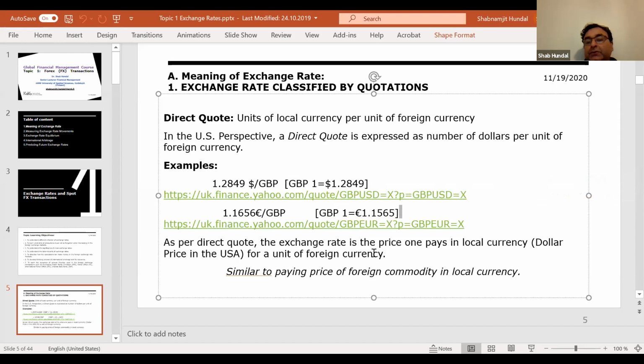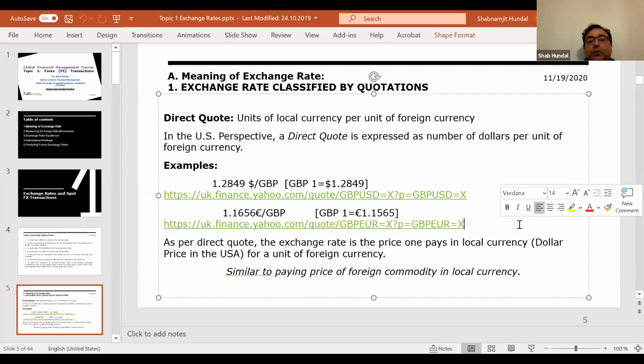If you are in the Eurozone and you write down Euro 1 is equal to so many pounds, then you are following not the direct quote but the indirect quote. And if you follow the indirect quote, then what you think is your gain is basically your loss, and what you think is your loss is basically a gain.